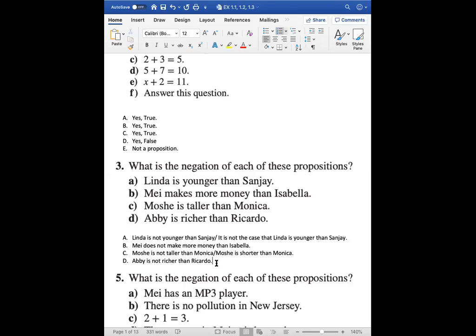So this is a proper negation as well, but because this is not very clear in terms of putting the not word, you can use that as well, but if you want to be more clear, then I would suggest you use words like not, because negation is all about that word. It makes the statement clear. But like I said, you can also use words like it is not the case that Linda is younger than Sanjay. All right, thank you.